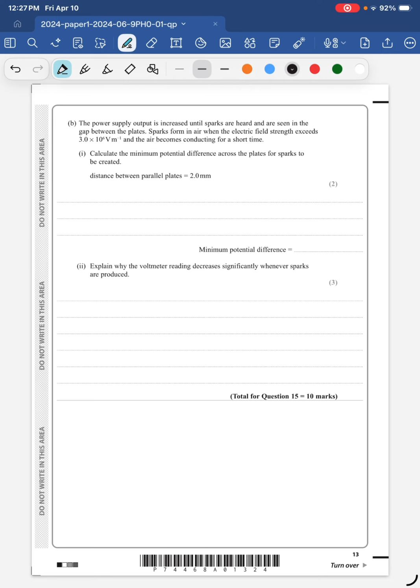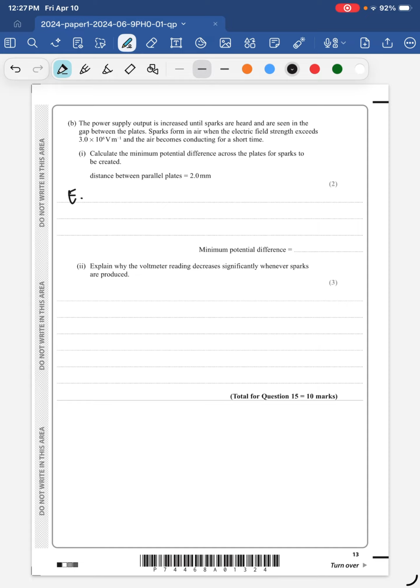Part B. The power supply output is increased until sparks are heard and seen in the gap between the plates. Sparks form in the air when the electric field strength exceeds 3 times 10 to the 6 volts per meter and the air becomes conducting for a short time. Calculate the minimum potential difference across the plates for sparks to be created, given the distance between the plates is 2 millimeters.